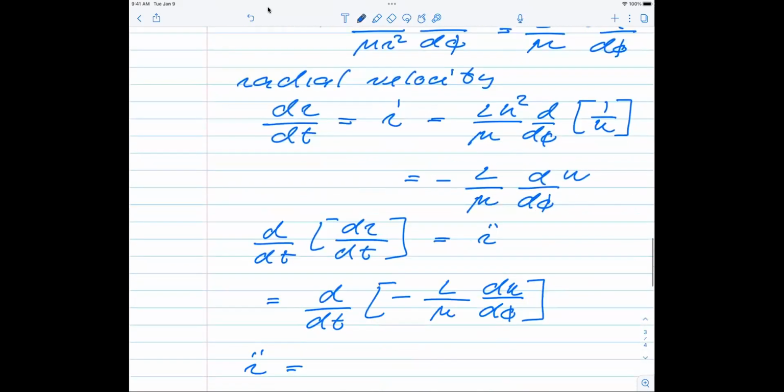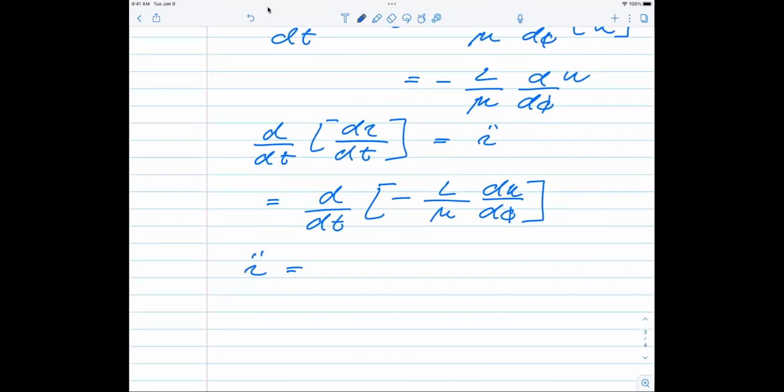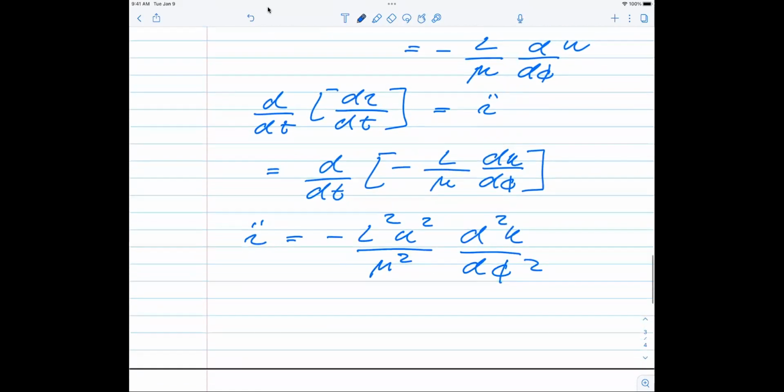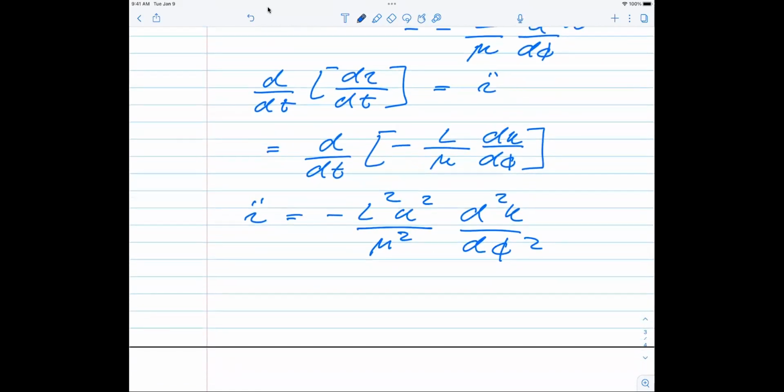So if we plug that one back again, and do the algebra now, we are going to get minus L of u squared divided by mu squared of d of u of d phi second derivative. So I'm simply plugging in the expression which we had above for du d phi.